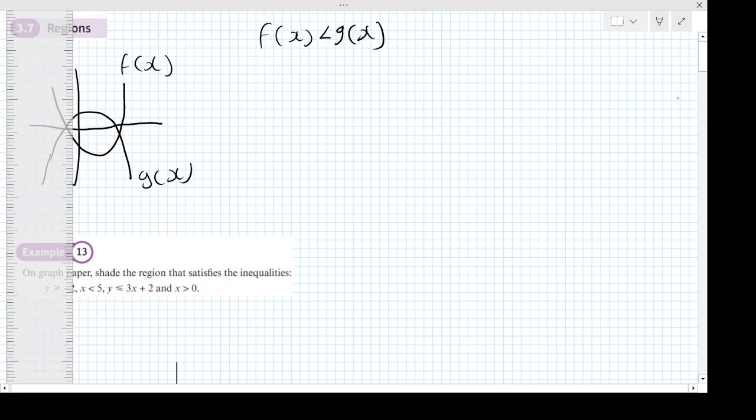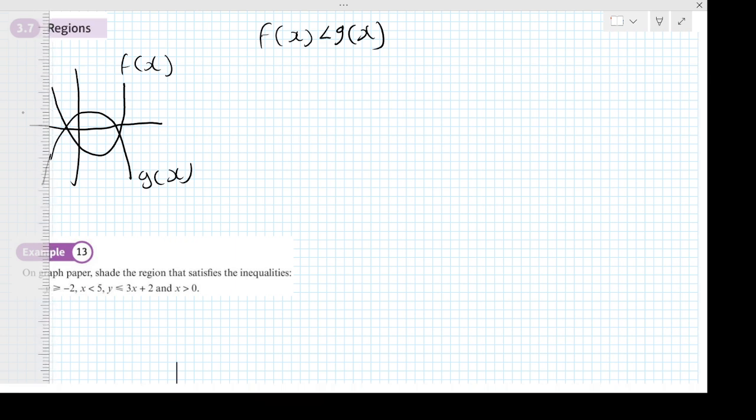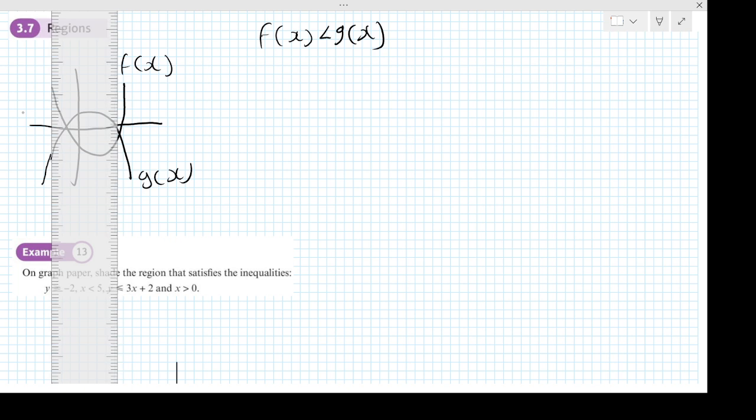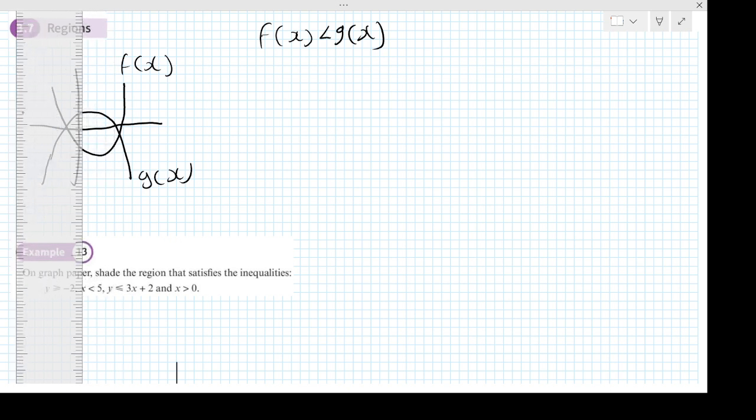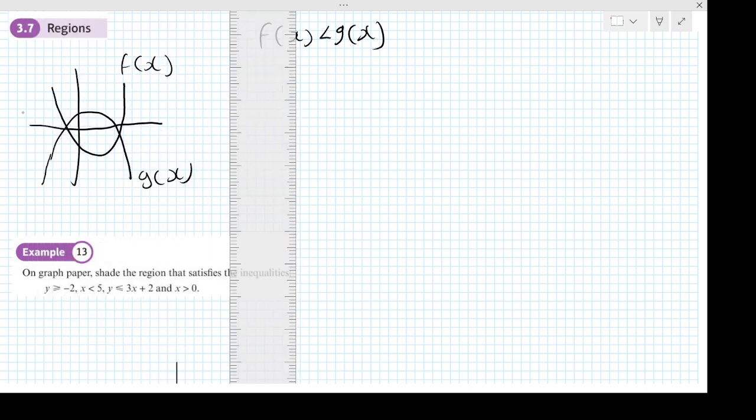On the left, before the point of intersection, f of x is above g of x, so no. But between these two points, f of x is below g of x. So the solution was between these two intersections.